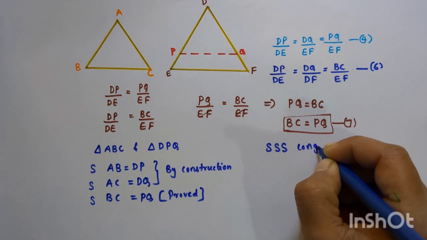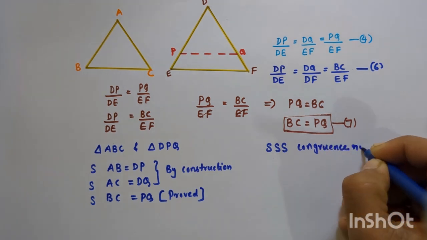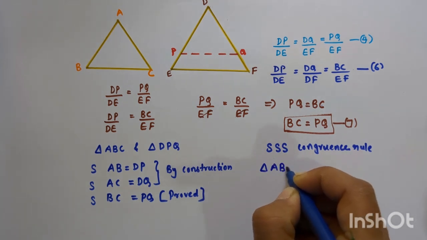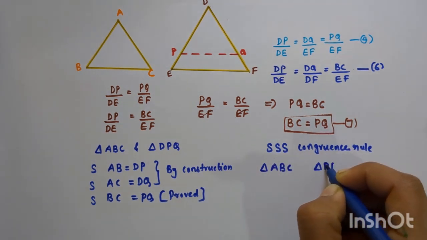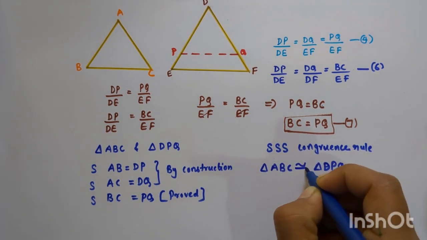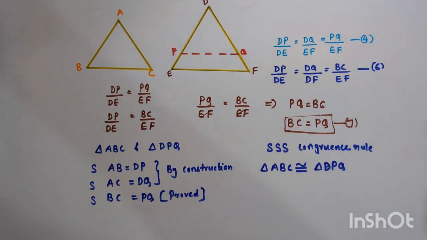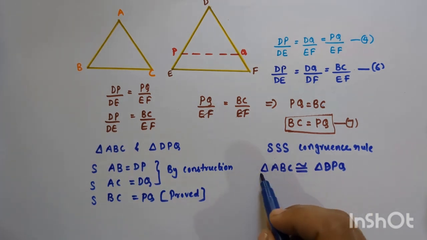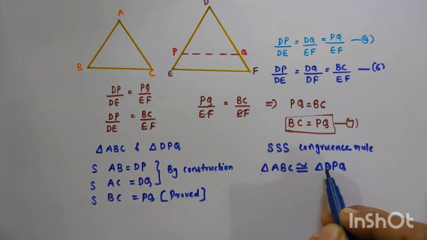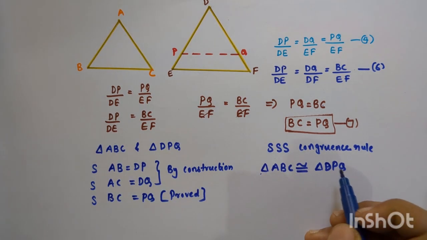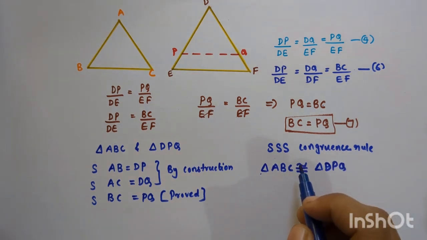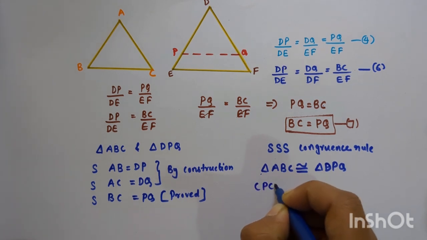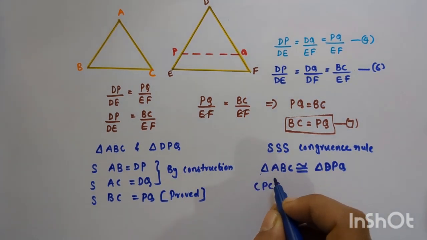So by SSS congruence rule, we can say that triangle ABC is congruent to triangle DPQ. Then their corresponding angles will be the same, by CPCT, that is corresponding parts of congruent triangles.